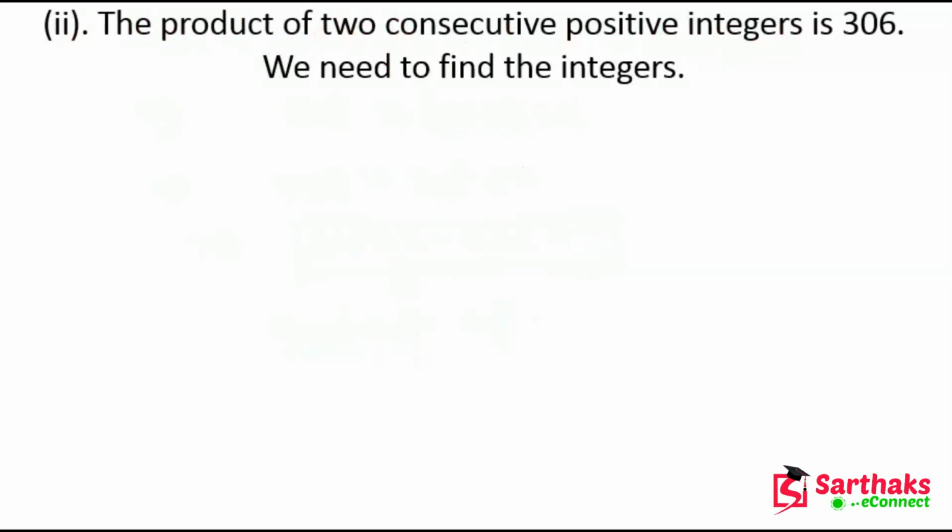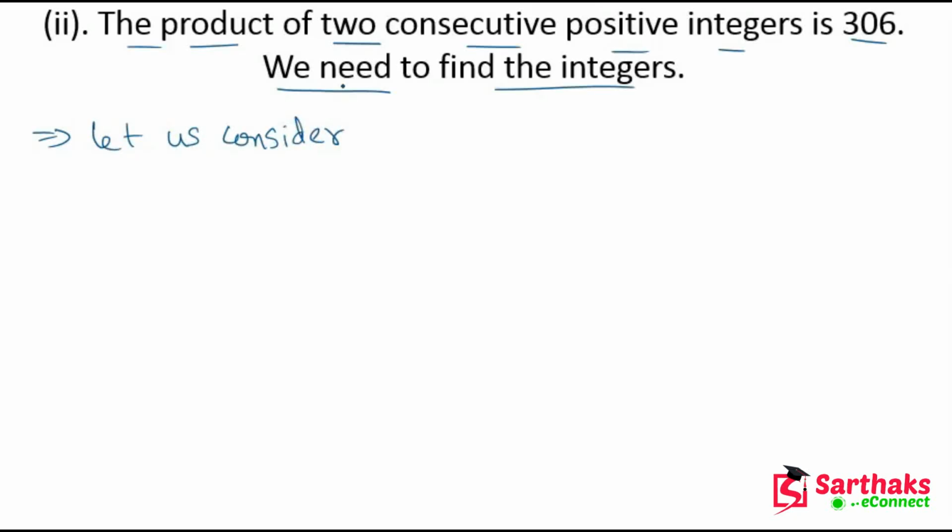So now let's move on. Yes. So the next question is, the product of two consecutive positive integers is 306. So we need to find the integers. So now, let us consider the first number is x.